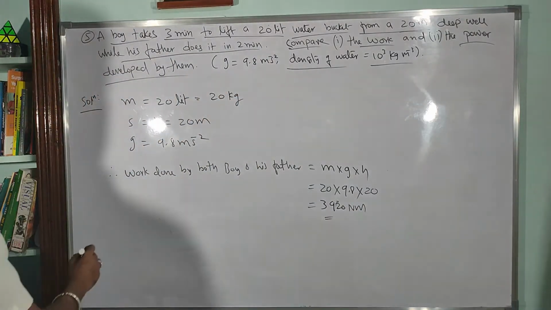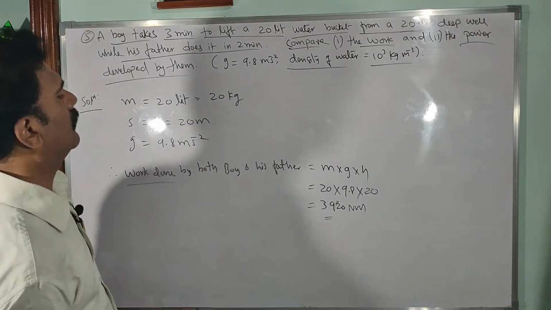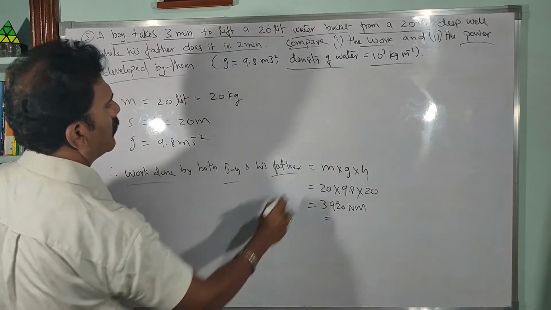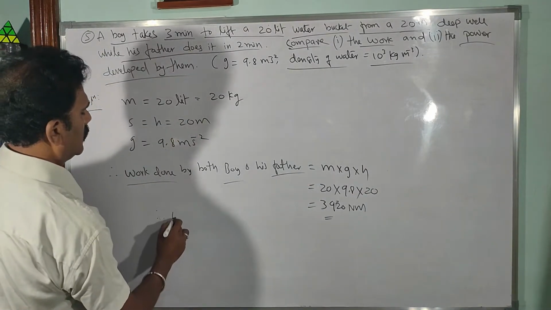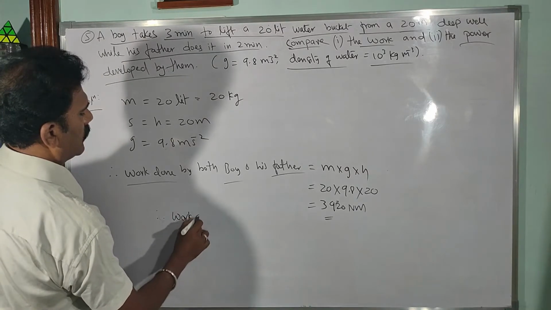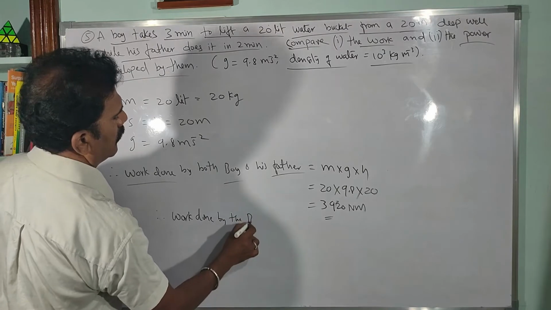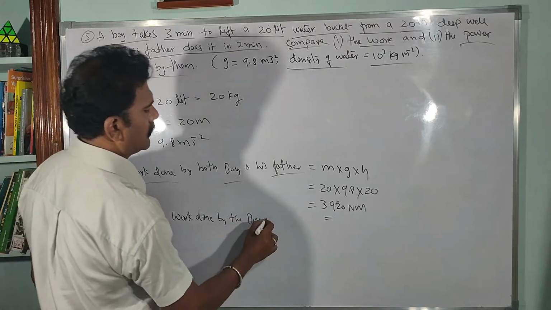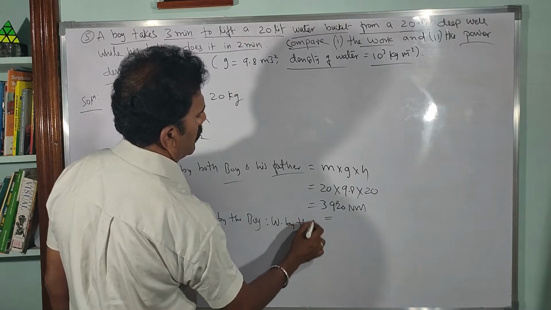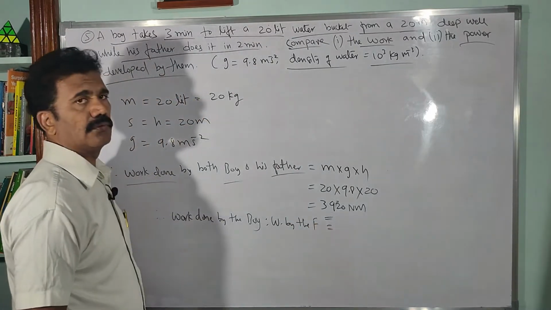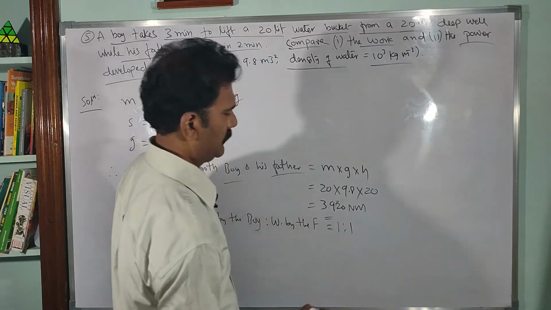Okay, so now what is the next parameter? We need to compare, not just calculate the work done. Of course, for both boy and father, work done is the same. Therefore, the comparative value: work done by the boy to work done by the father, same workload, so it is 1:1 you will get.